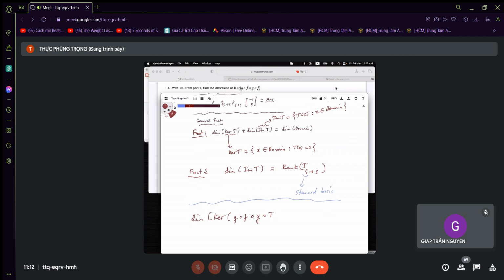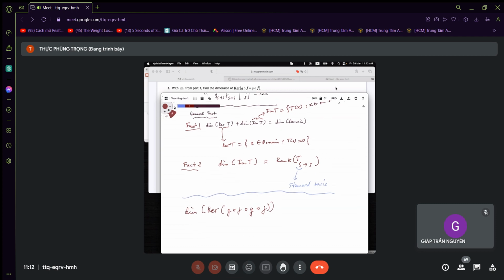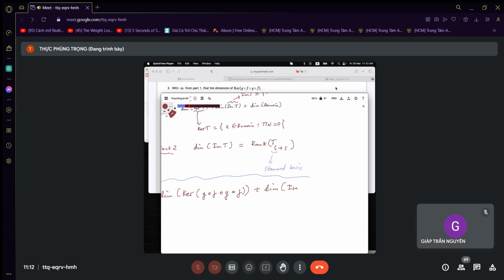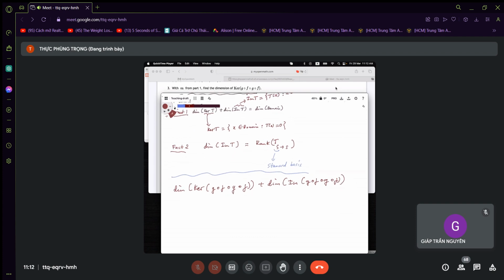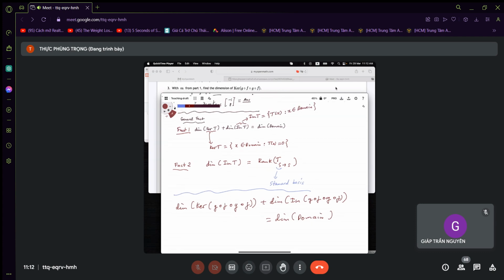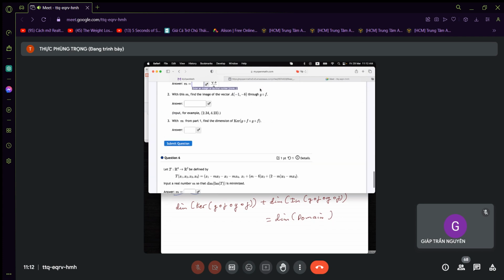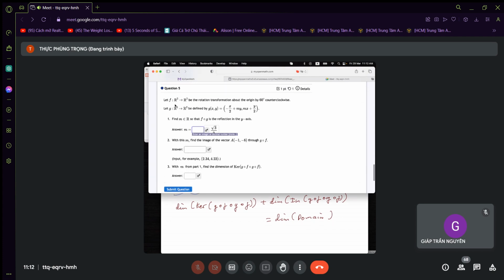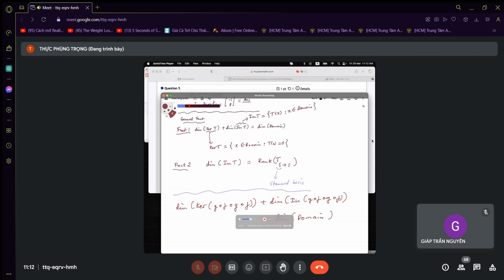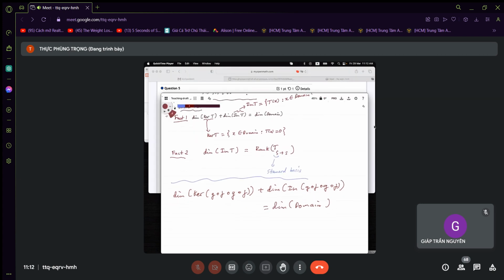If you consider this one, you get the dimension of the domain, right? So right here, we use the formula. The domain right here is R2, right? This is the domain you have, R2. So you get the number 2 for the dimension.